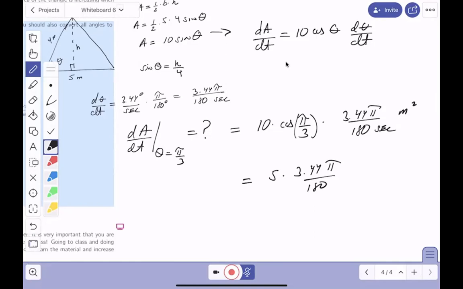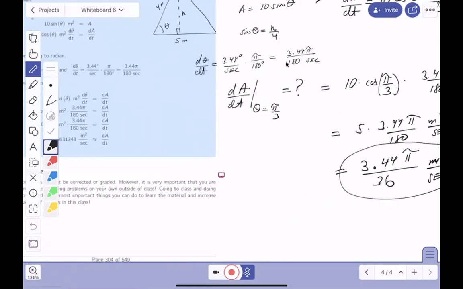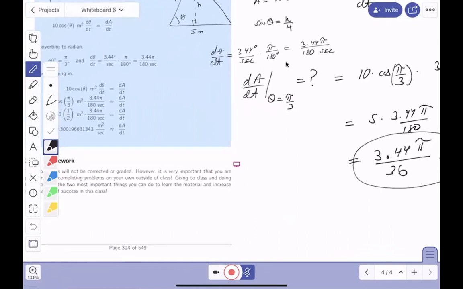That's 36, isn't it? And again, it's meters squared per second. That's about the extent of my arithmetic, by the way. I get 3.44 pi over 36. No, I don't want to do that arithmetic. But I mean, it can't hurt to try. So let's see if I got the right answer.